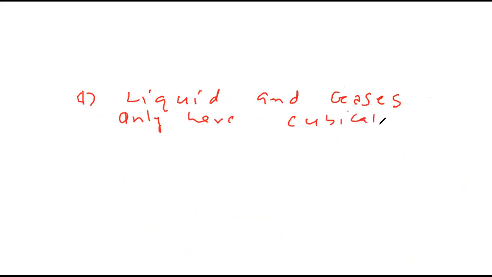Sometimes they can ask you in an MCQ, that means a multiple choice question, only cubical expansion. What is the other name of cubical expansion? Volume expansion. So cubical can also be named volume, and superficial as areal. 4th point, write down.